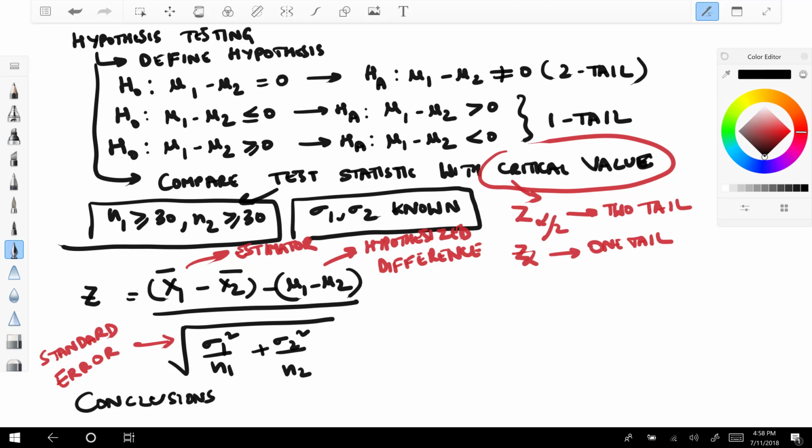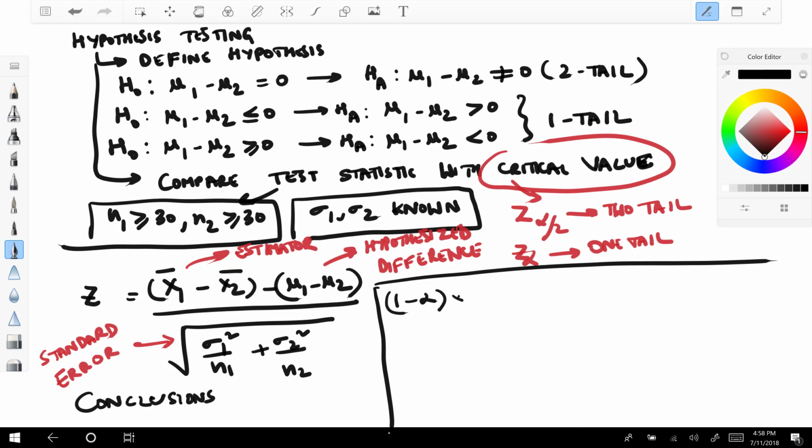So the other thing is the confidence interval, which is 1 minus alpha percent confidence interval. Alpha is the significance level, you might know this.